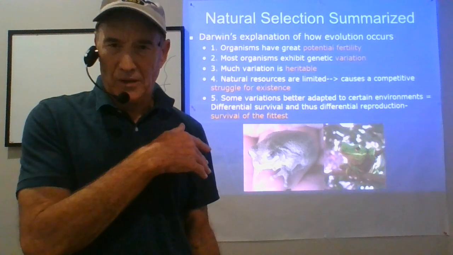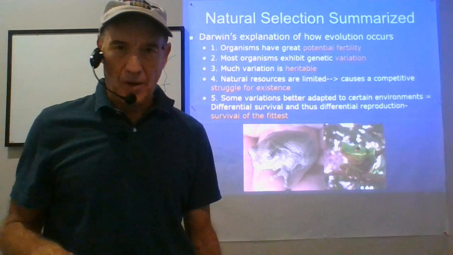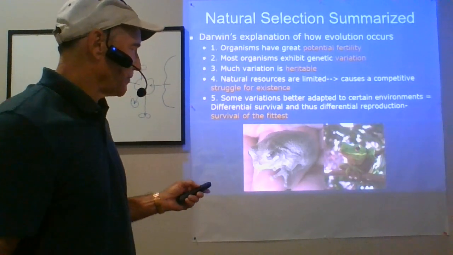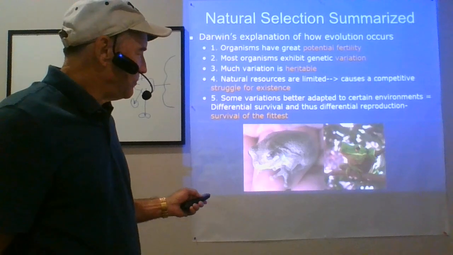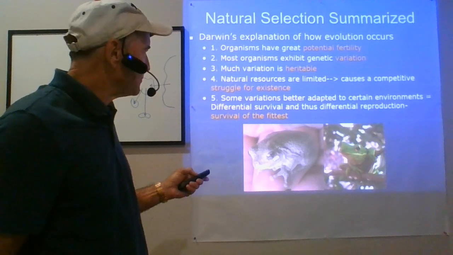They didn't live as well, didn't live as long, didn't pass on their genes as often, and pretty soon the population was tall, with a long neck. Look at these two different frogs there.